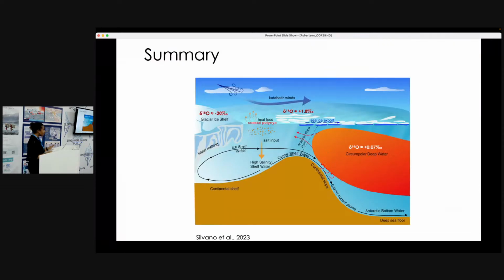So a quick summary of what we think is happening, as far as it's agreeing with literature and the work that we've done. We know that sea ice export has decreased, which we think has led to a decrease in salt input into Antarctic bottom water. And the resulting observations in Antarctic bottom water are both enriched in delta 18, so these seawater isotopes, and also have lower salinity throughout the years.